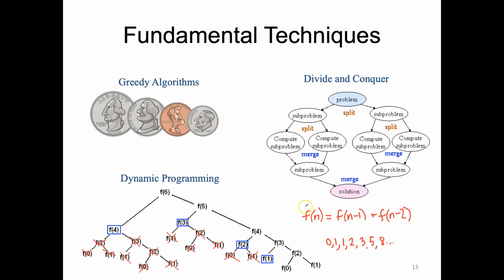But if we wanted to compute the nth Fibonacci number, let's say the sixth, we would need to know what the fifth Fibonacci number is and what the fourth is so that we could add them together and get the sixth one. But in order to figure out the fifth Fibonacci number, we also need to know what the third and the fourth are. So there's some overlap of problems here.